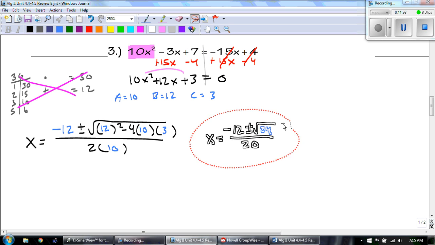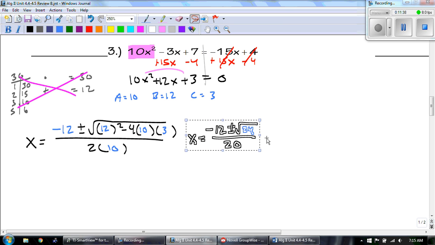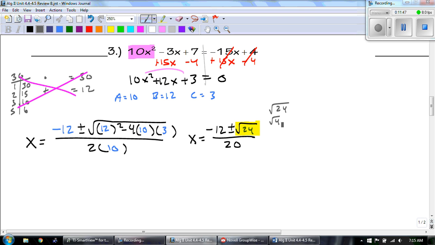Now we have to break down 24. I'm not going to spend too much time on that because we already did it. So it's 2 square root 6. So we have X equals negative 12 plus or minus 2 square root 6, all divided by 20.